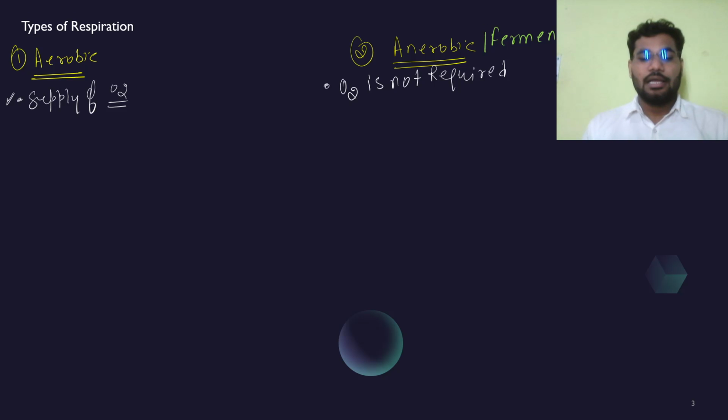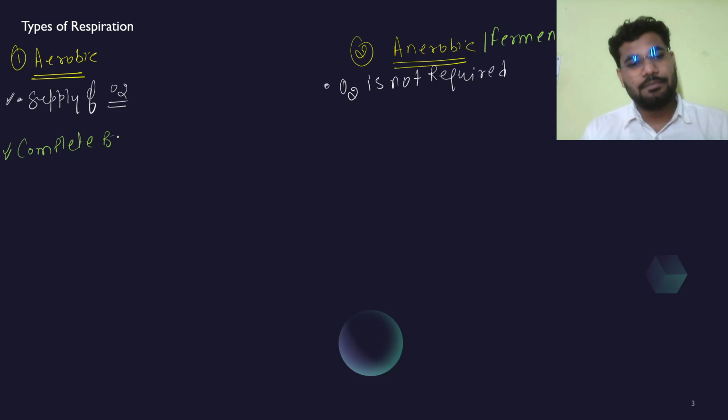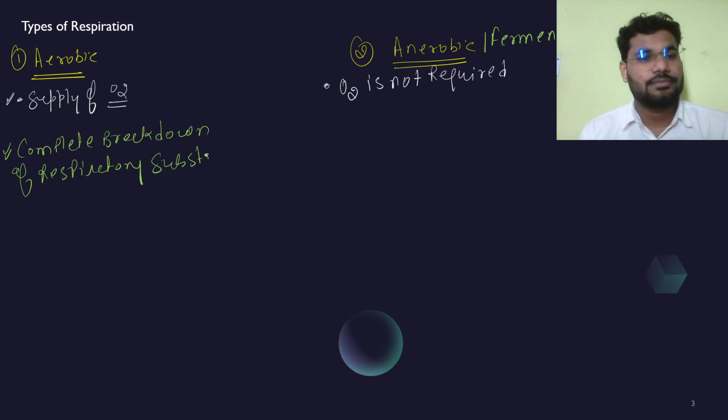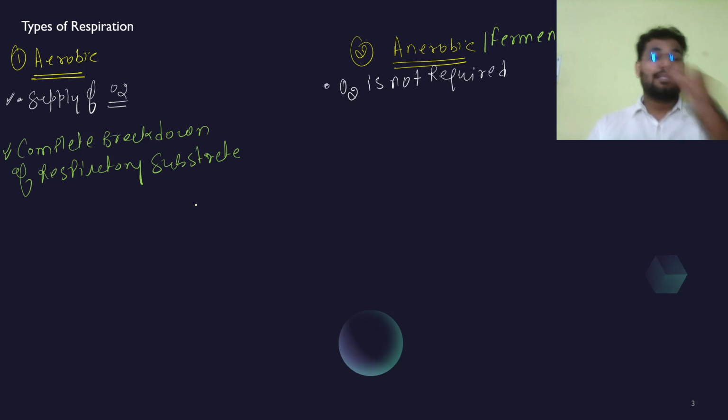In aerobic respiration, there is a complete breakdown of the respiratory substrate. And when there is a complete breakdown of organic compounds, CO2 is produced.